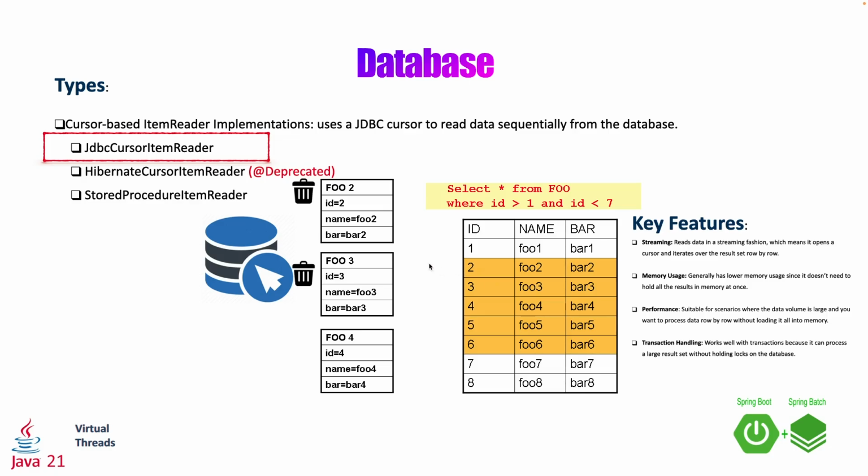We can also use it if we want to control memory usage. As I was telling you, once we move to another row, the last object is allowed to be collected by the garbage collector, so we will not hold all the objects in memory at once. It also helps in terms of performance, and also transaction handling.